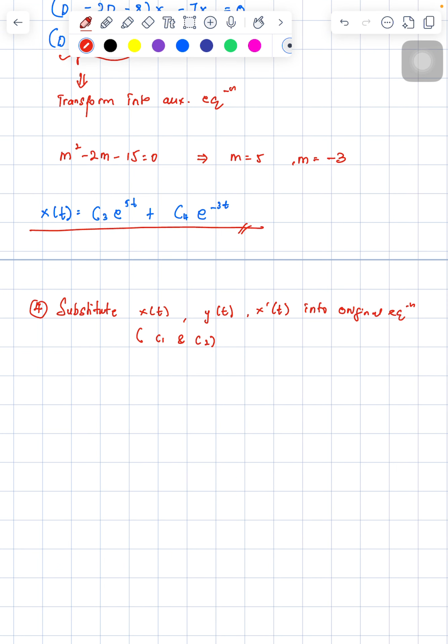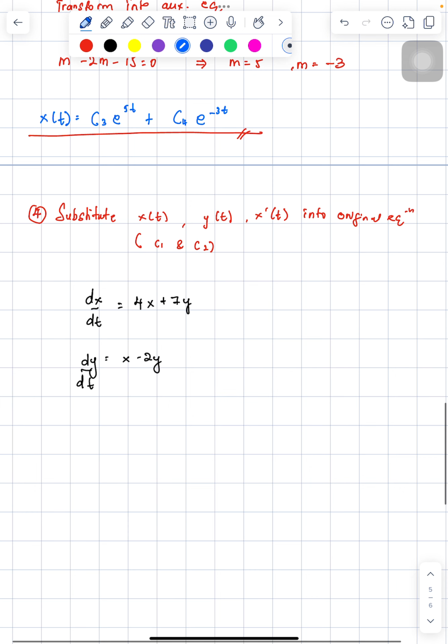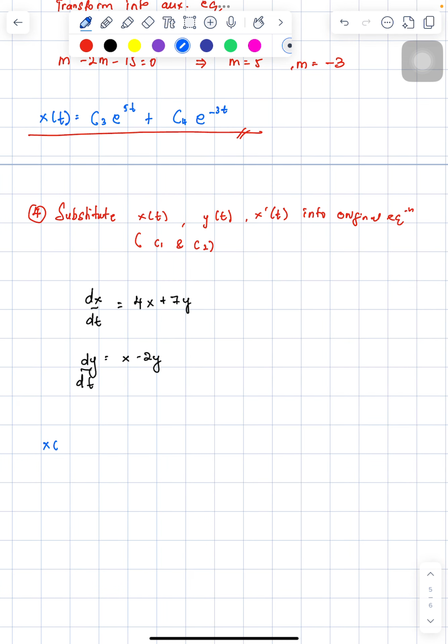Okay, we have original equation dx over dt equals to 4x plus 7y and dy over dt equals to x minus 2y, and we already have xt equals to c3 e to the power of 5t plus c4 e to the power of negative 3t.